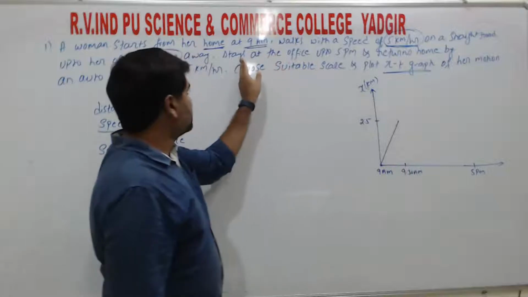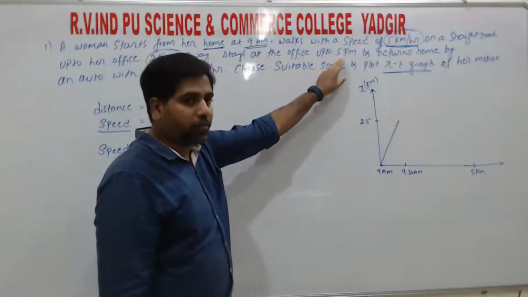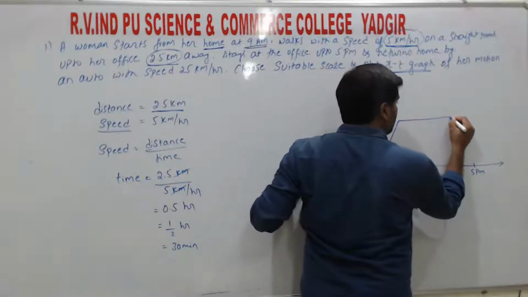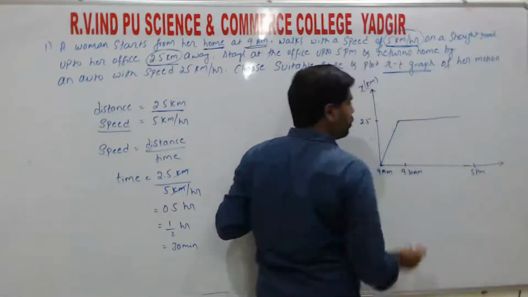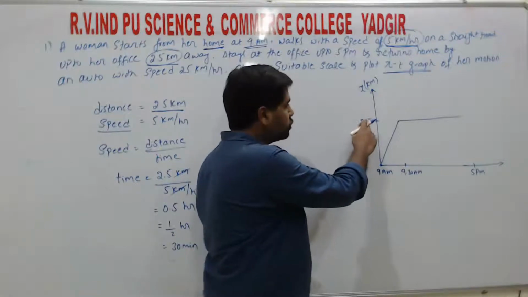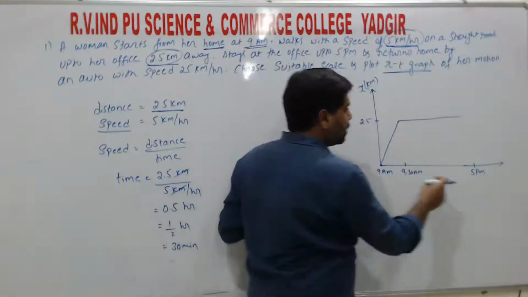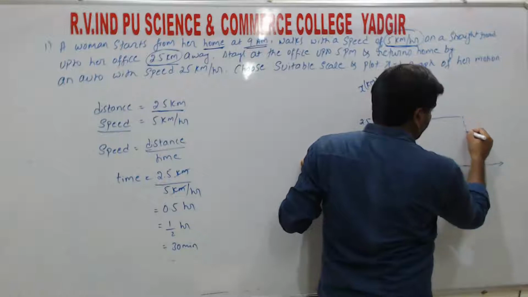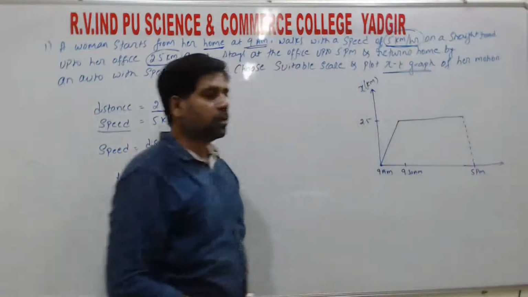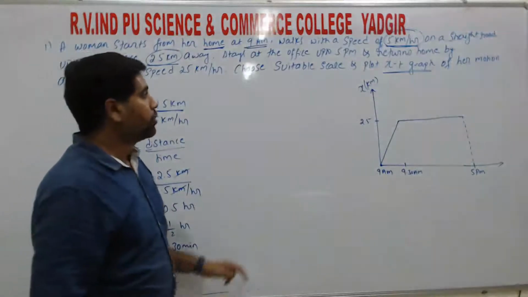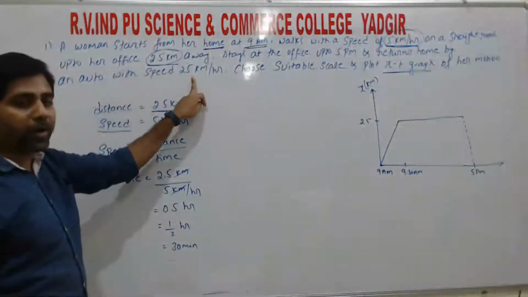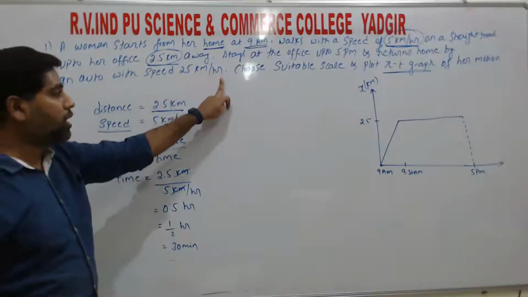That means she stays at the office up to 5 p.m. Rest means she does not change her position with respect to time, so she will be at this distance only, that is 2.5 kilometers, up to 5 p.m., right?